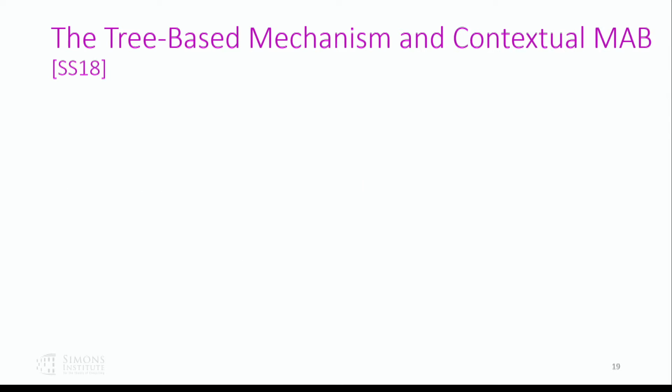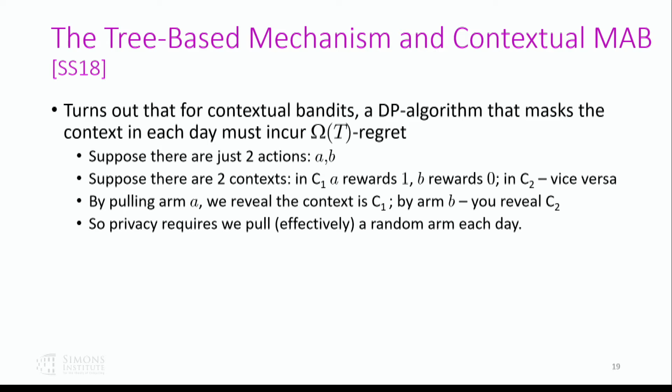And for contextual bandit, it's also going to be the same, subject to one major caveat. Because if we want to have a differentially private algorithm that also masks the context on each day, then our regret has to be linear. There is a very simple counterexample. There are two arms, A and B. There is one context setting the reward of arm A to be 1, the reward of arm B to be 0.